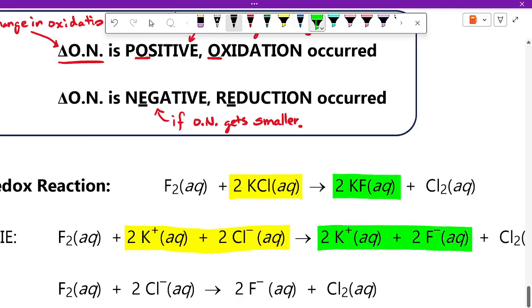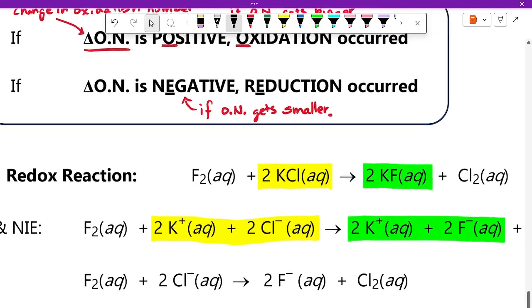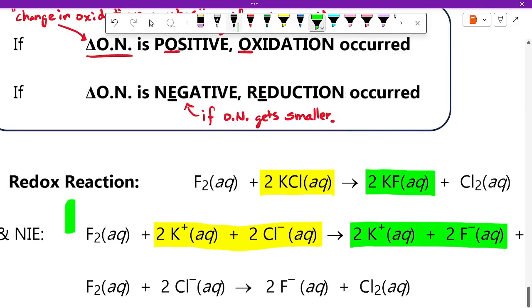If you do it the long way, you can write your complete ionic equation, your CIE, splitting apart the aqueous KCl and KF. And then you can say, oh, who's my spectator ion? My spectator ion is the, okay.